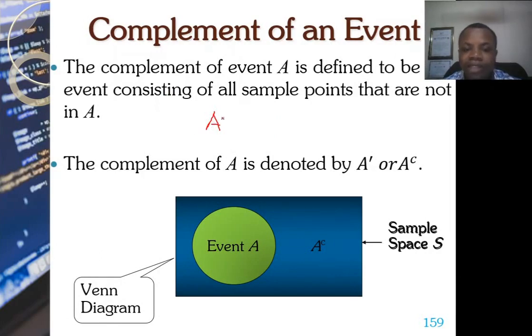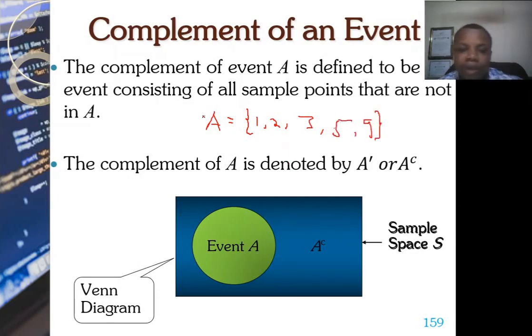Let's call it an event A. Now, the complement of A refers to all the sample points that are not in the event A. So suppose that we have the event 1, 2, 3, up to, let's say, the next one happens to be 5, and let's say 9.